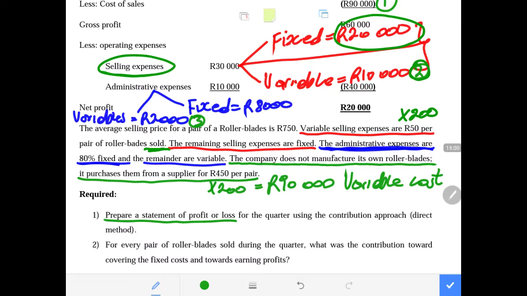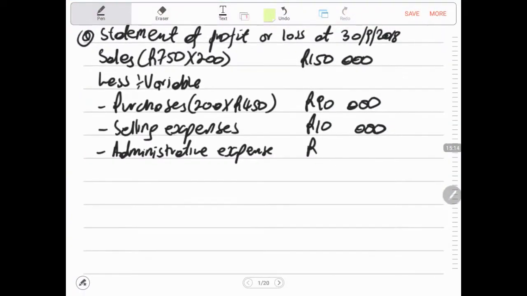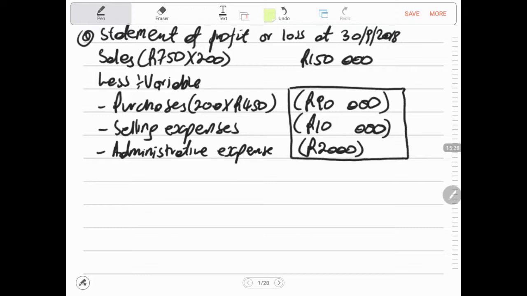We calculated that fixed was 8,000, which was 80% of 10,000 rands, and obviously the remainder will be 2,000. 20% of 10,000 will be 2,000, and that 2,000 was our other variable cost regarding our administrative. So now we have our 2,000 being another expense that is variable. So now here are the total expenses that are variable that must be taken into consideration.